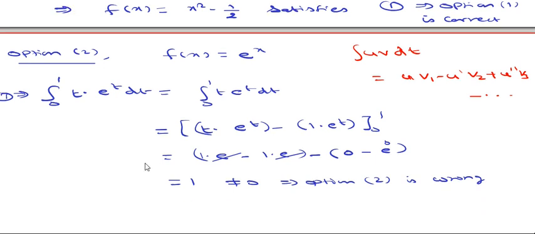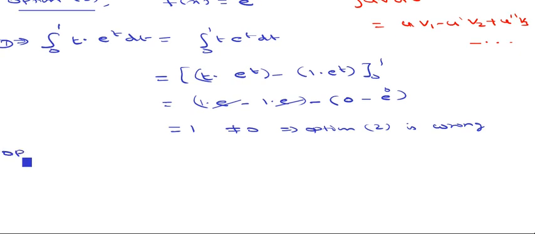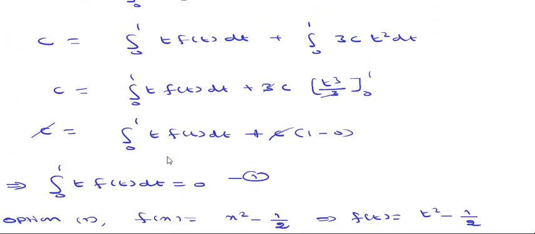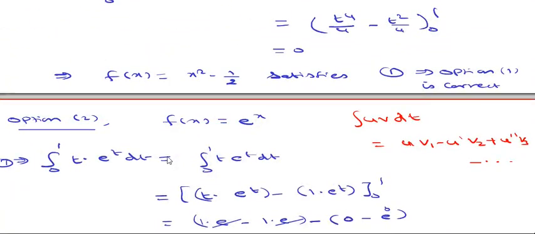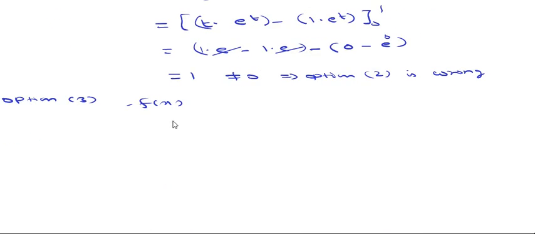Similarly, we can check the remaining options. Option 3, f of x equal to 2 minus 3x. The condition is integral 0 to 1 t times f of t, where f of t is 2 minus 3t, dt.